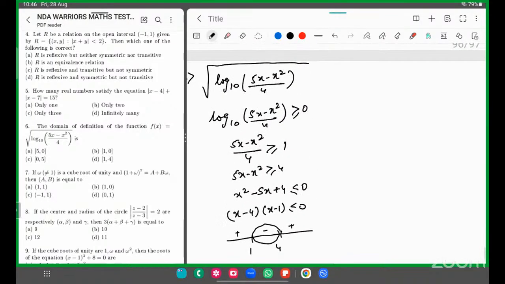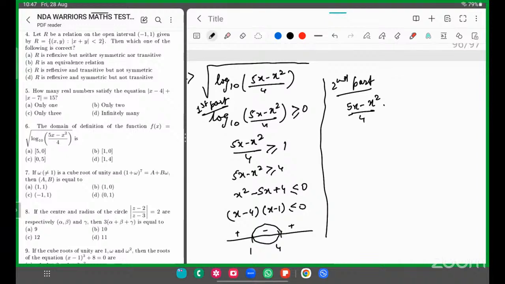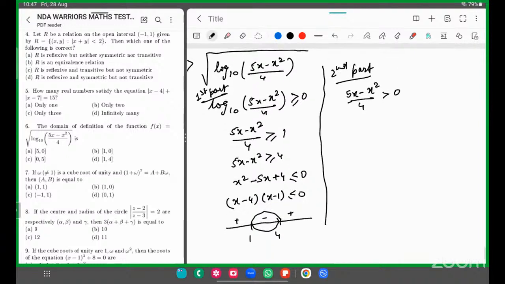Second part, the log value always should be greater than 0. This is my first part. 5x minus x square by 4 must be greater than 0 because log is defined only for positive numbers. So 5x minus x square greater than 0.